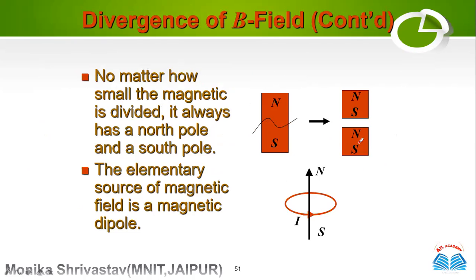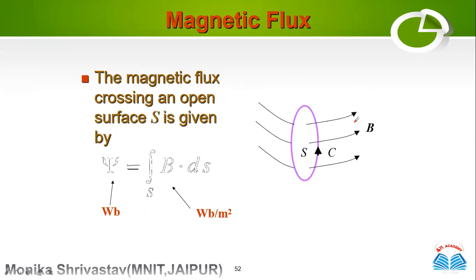They will themselves induce another north pole and south pole, and hence it is proved that no monopole exists in the magnetic field. Always there is a dipole. Dipole means two poles. There are always two poles.